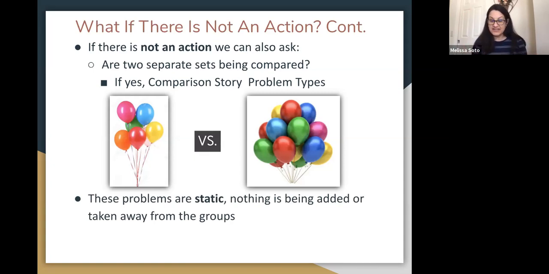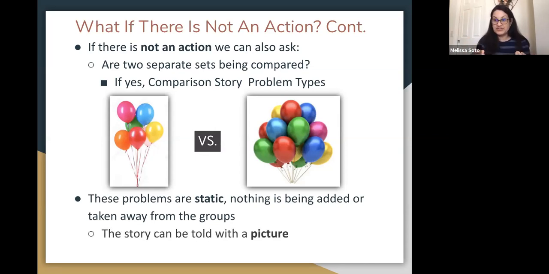And unlike the action problems, we can use a picture to tell the story. Whereas with the action problems, it's almost like a movie, with things that change over time. There's nothing changing here over time. It's just the groups, either 2 of them being compared, or one set that has these 2 parts that are being combined to make the whole.